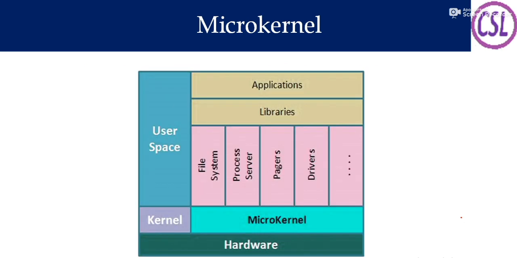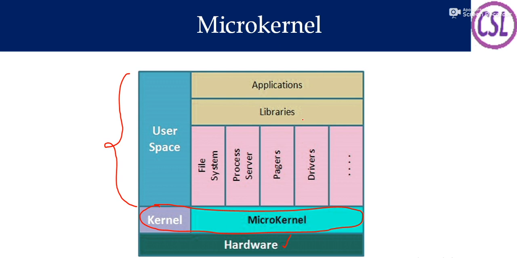Now we will understand this with the given diagram. If you observe the diagram here, the lower part is hardware and this hardware communicates with the kernel and microkernel. So kernel and microkernel, and this microkernel communicates with the user space. So this total is the user space. Within the user space only the applications are running and the library files are available.